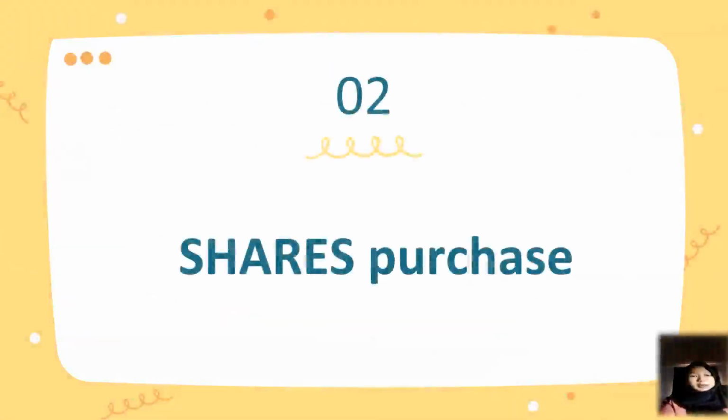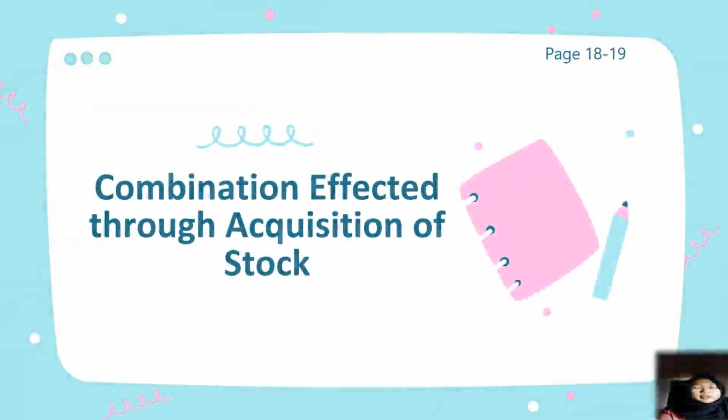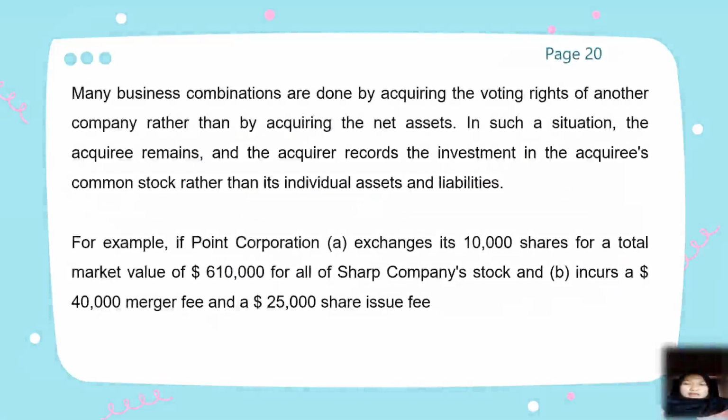The second one is share purchase. The material share purchase is a combination effected through acquisition of stock. This is the first one of the material share purchases. Any business combination may be done by acquiring the voting rights of another company rather than by acquiring the net assets. In such a situation, the acquirer remains, and the acquirer records the investment in the acquiree's common stock rather than its individual assets and liabilities.